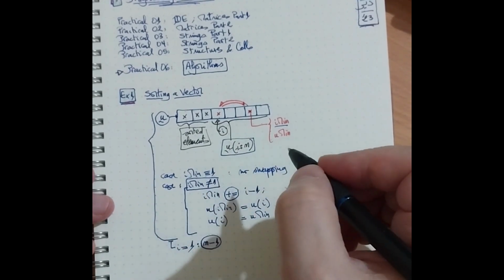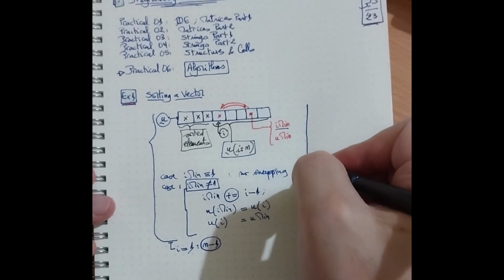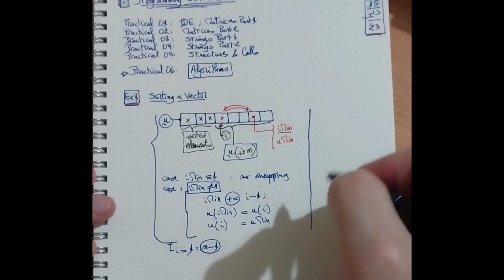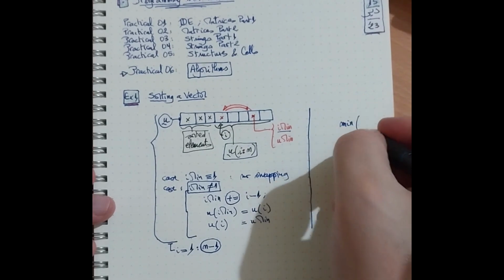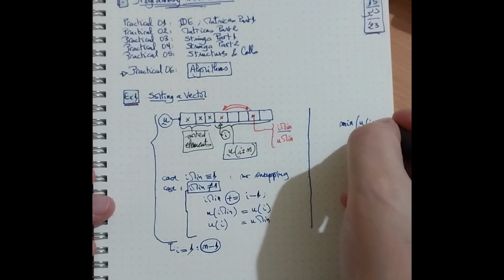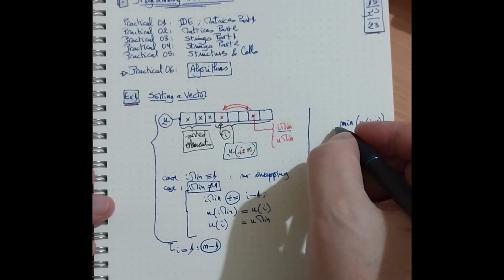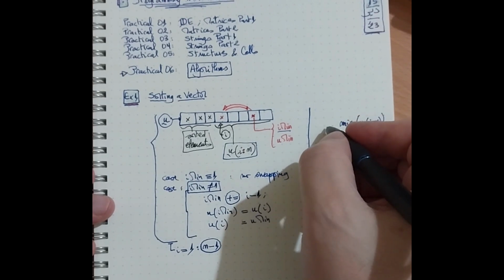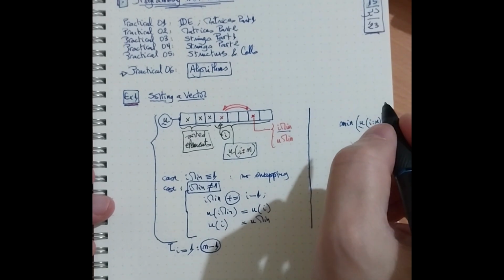How do we calculate the minimum? We have a function, we have already seen it, a built-in function in Matlab called min. So we give it the subvector from I till n, and normally it returns the minimum. If you give it one variable, it will set it to the minimum.